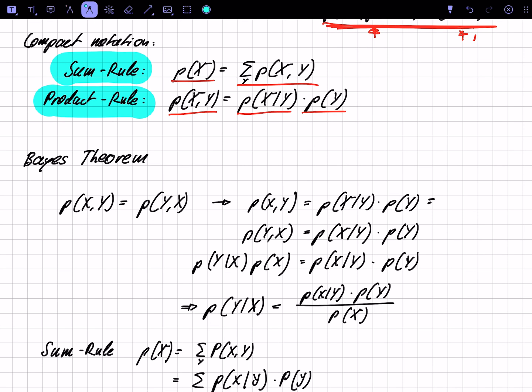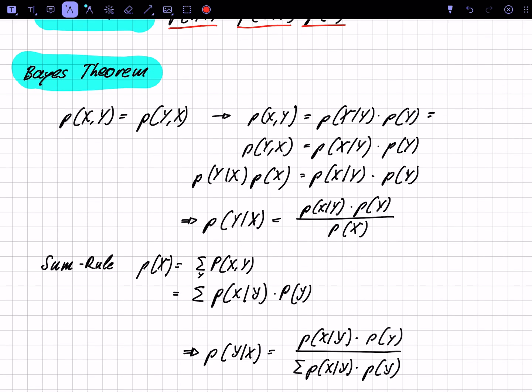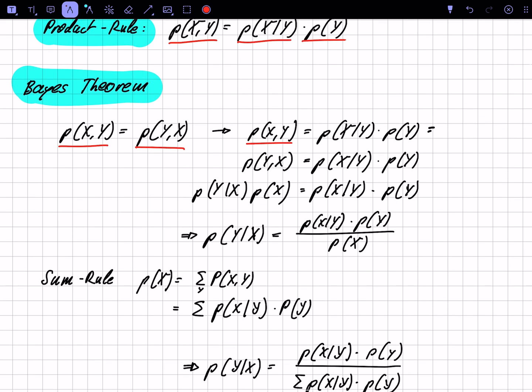So this is also very important. At first we have to understand that the probability of x and y is the same as the probability of y and x. So we know that we can rewrite the probability of x and y into the probability of x given y times the probability of y. And then we can write the probability of y given x. So these are equal: the probability of y given x times the probability of x is the same as the probability of x given y times the probability of y.